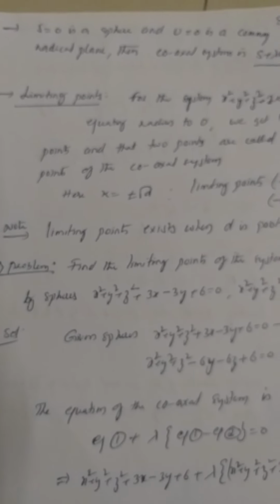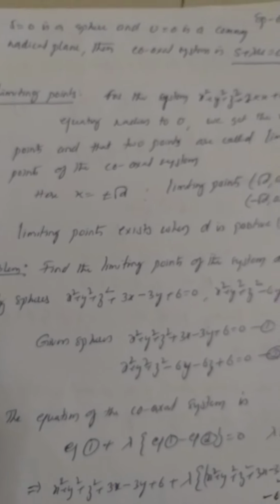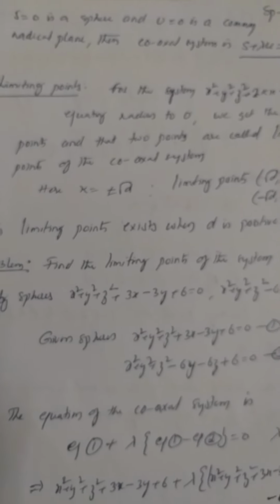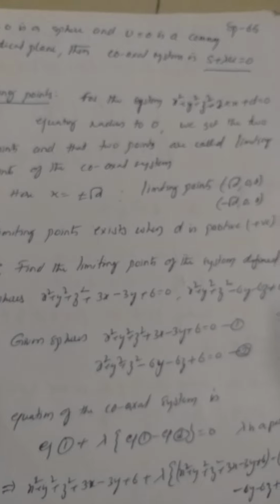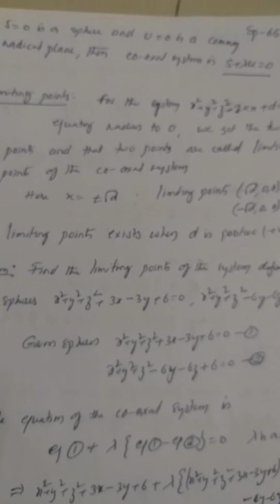If the equation of a sphere is in coaxial system, then equate to get the limiting points. First procedure is we have to find the radius and center and equate the radius to 0. Then those center points are called limiting points.